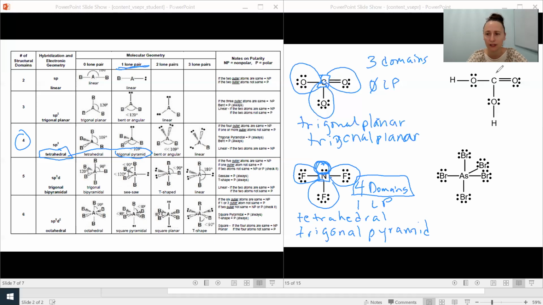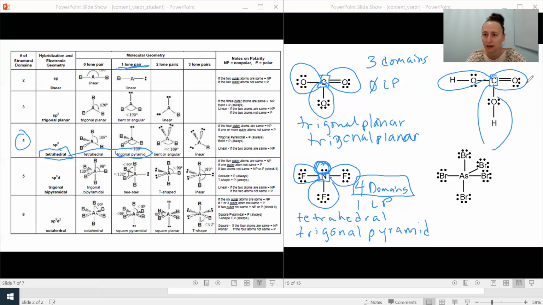All right, hopefully you were able to figure out how to do this. Over here, I am still going to use carbon as the central atom. Sometimes the question will identify which atom you need to look at for a central atom if there's more than one. But this carbon has 1, 2, 3 groups. Notice that double bonds count as a single group.